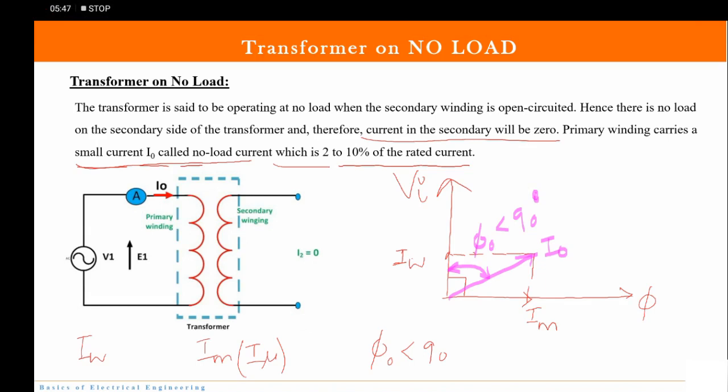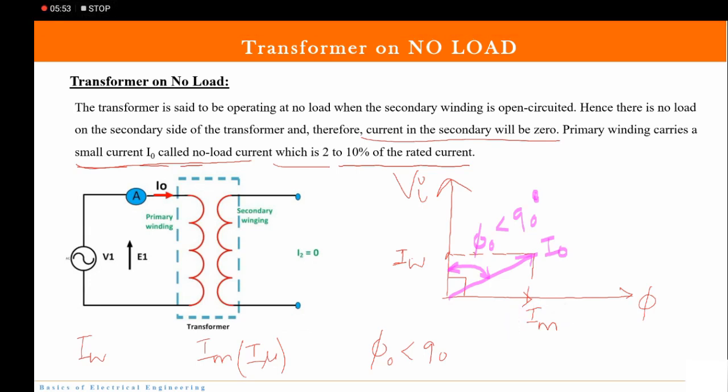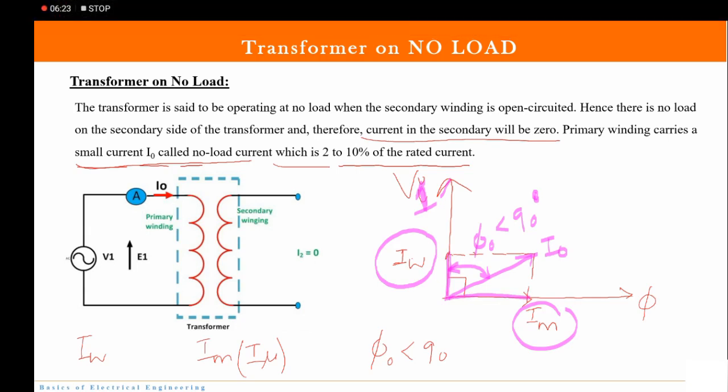Now please understand that IM is the vertical component and IW becomes the horizontal component. Why? Because phi 0 is making angle with V1, which is at y-axis. So this becomes the base and this becomes the perpendicular. So let us see how we represent IW and IM.